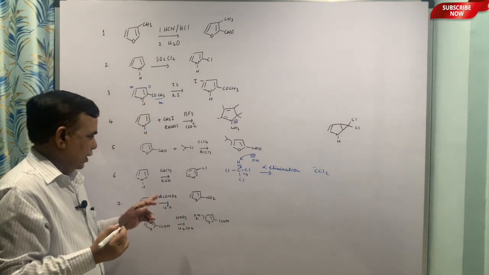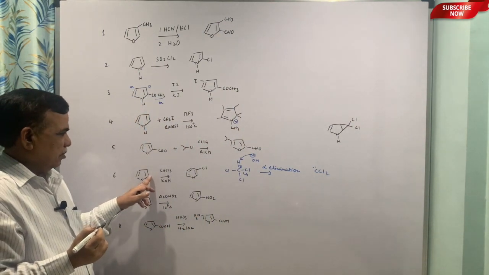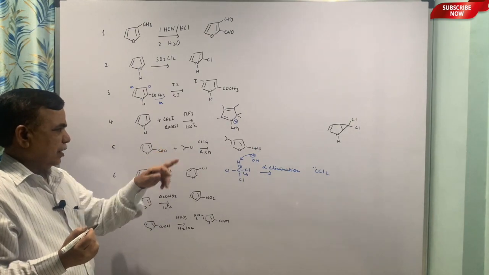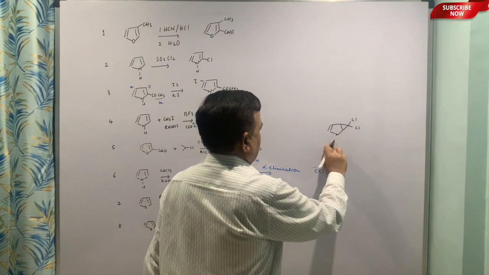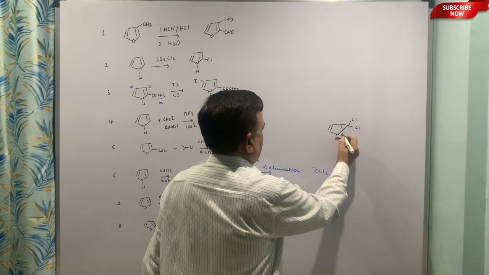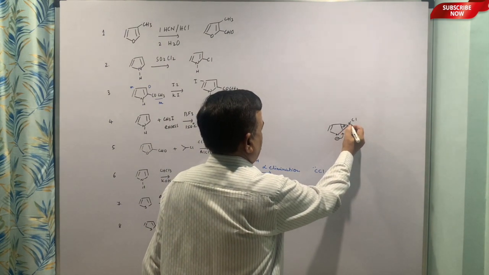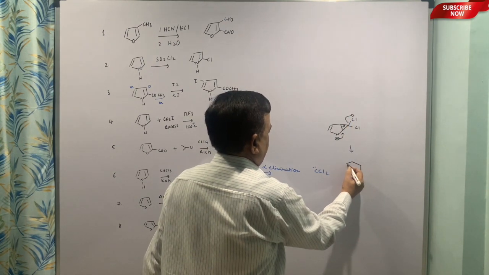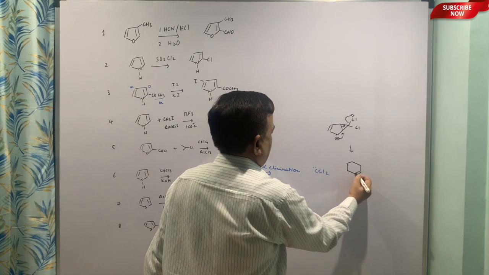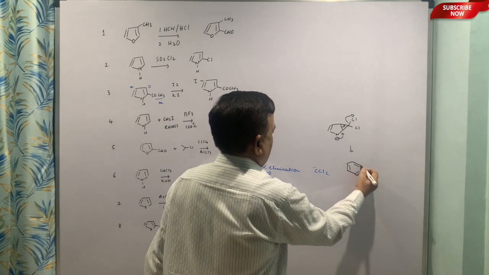So chlorocarbene added to the double bond, so you get this intermediate, and then with base I will get N minus. This N minus can come here, this can come here, this will go off, so that we get the formation of double bond, double bond, double bond, and single here.